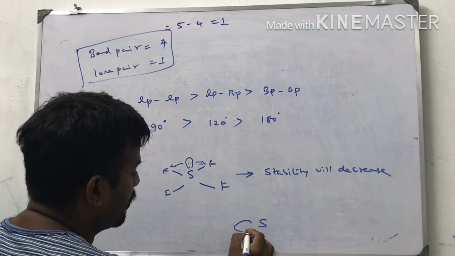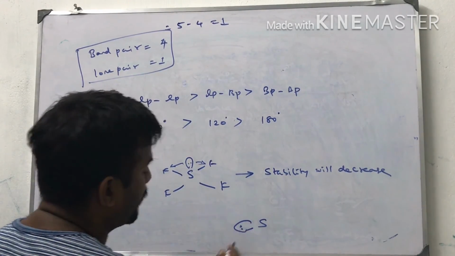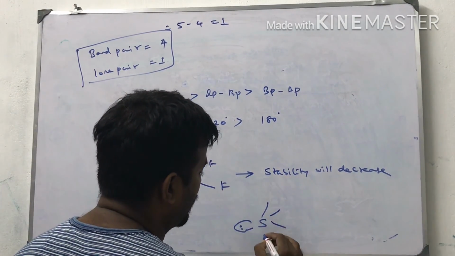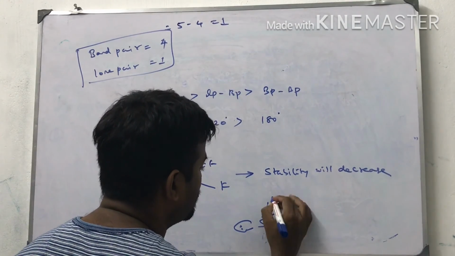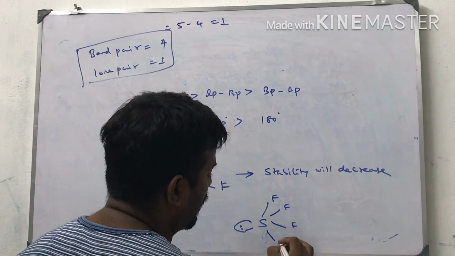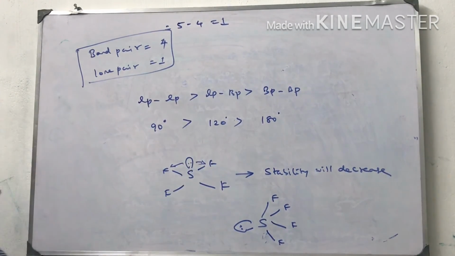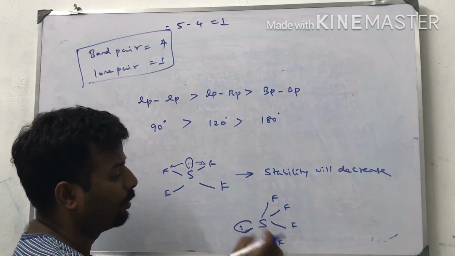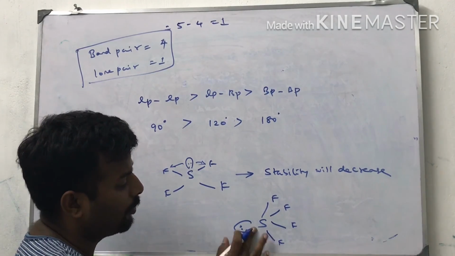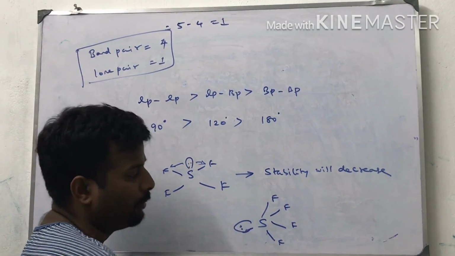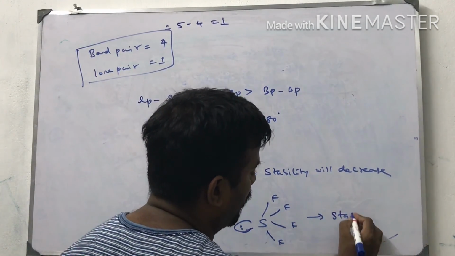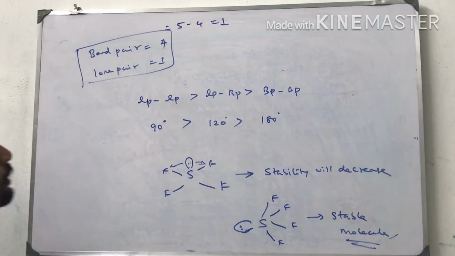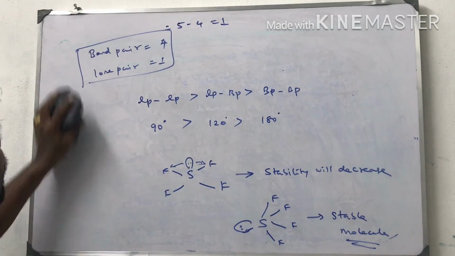Suppose I arrange this to minimize the repulsion between the fluorine and the lone pair electrons, like this, meaning the lone pair electrons are arranged at the equatorial position of SF4. The distance between the bond pair and lone pair is higher, so the repulsion is minimized, so it will form a stable molecule. This is the stable correct structure of SF4.